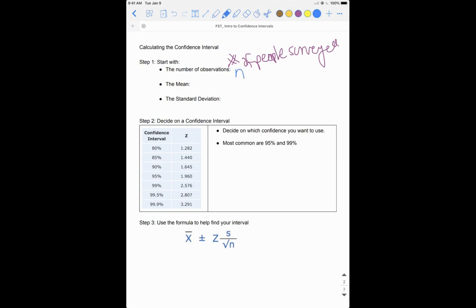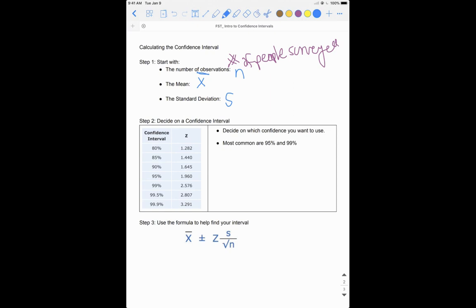N, number of people surveyed. Our mean, you've got to know your mean after you calculate it, and our mean gets represented with an X with a bar over top of it, x bar. And lastly, we need to know our standard deviation, which makes sense. This time we use an S. All right, so those are your three key things that you need.